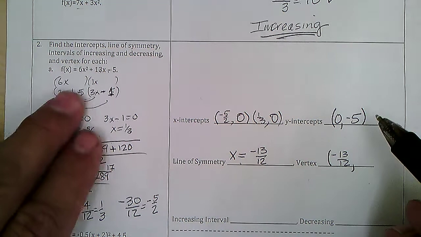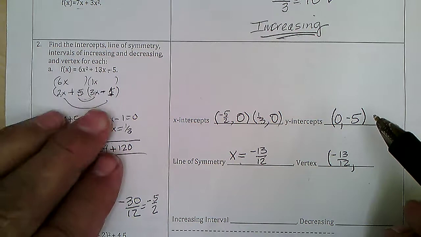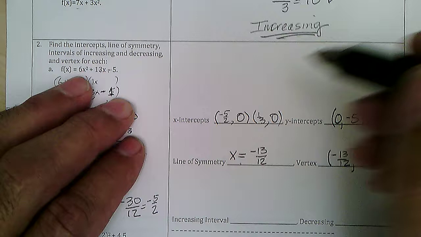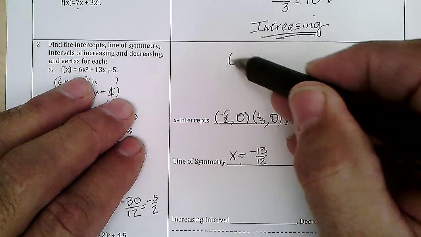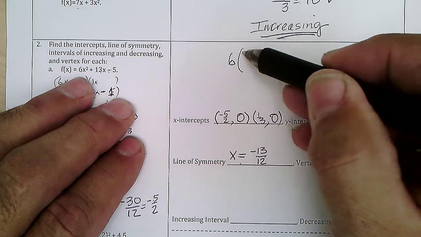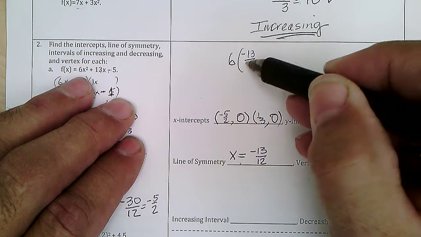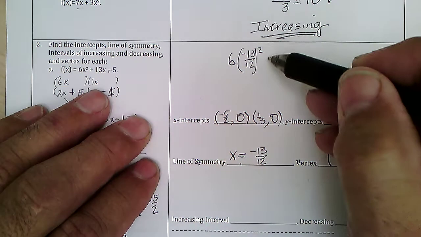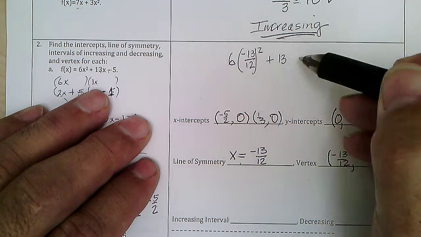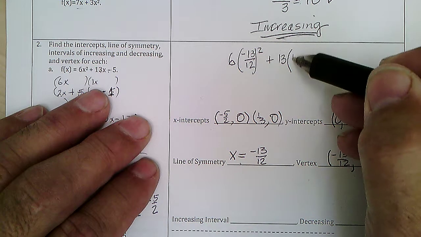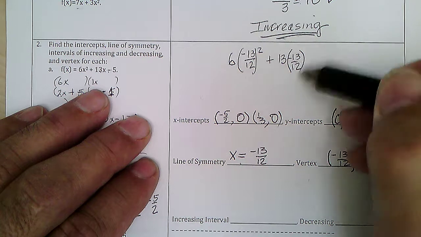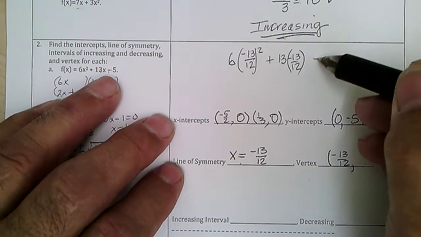So let's do that. I'll just do it for the start. 6 times negative 13/12 squared plus 13 times negative 13/12 minus 5.